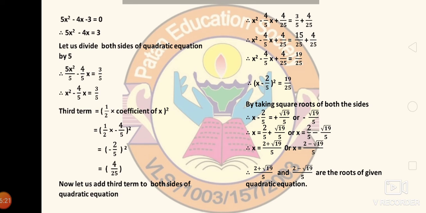So x minus 2 upon 5, complete bracket square, is equal to 19 upon 25, which will remain as it is. Now x minus 2 by 5 whole square will have its expansion like x square minus 4 by 5x plus 4 upon 25, by using the formula of a minus b whole square. So x minus 2 by 5 whole square is equal to 19 by 25.